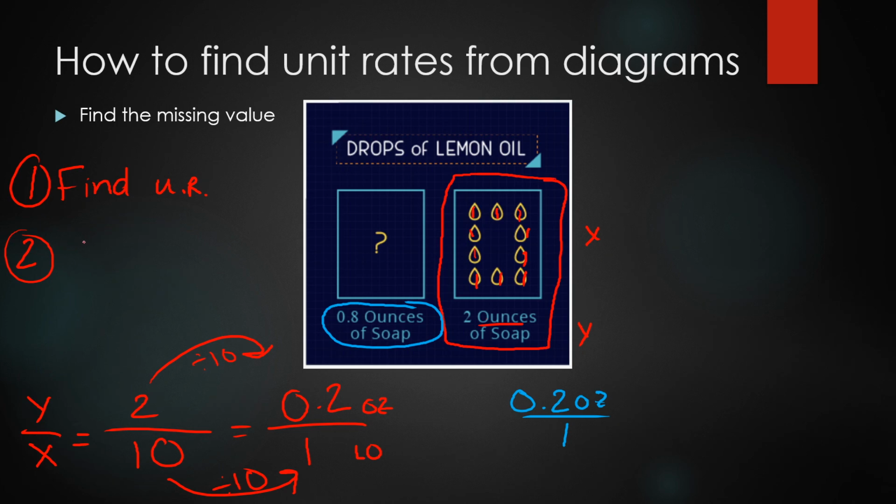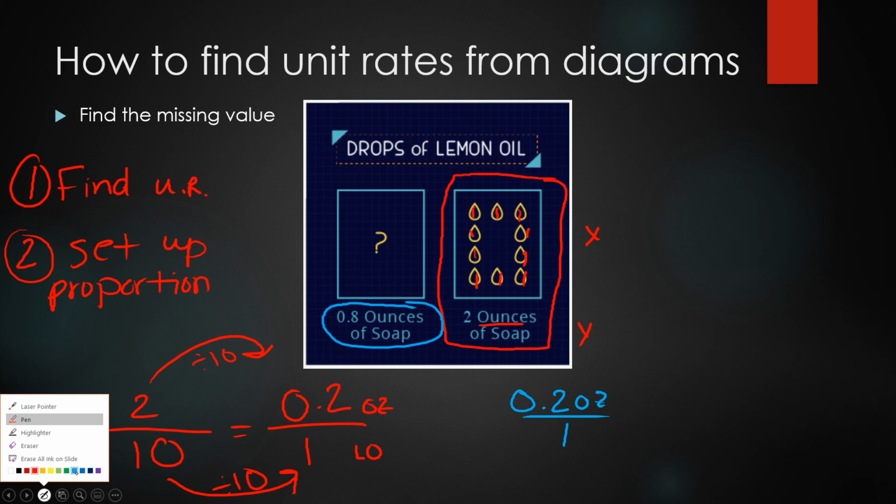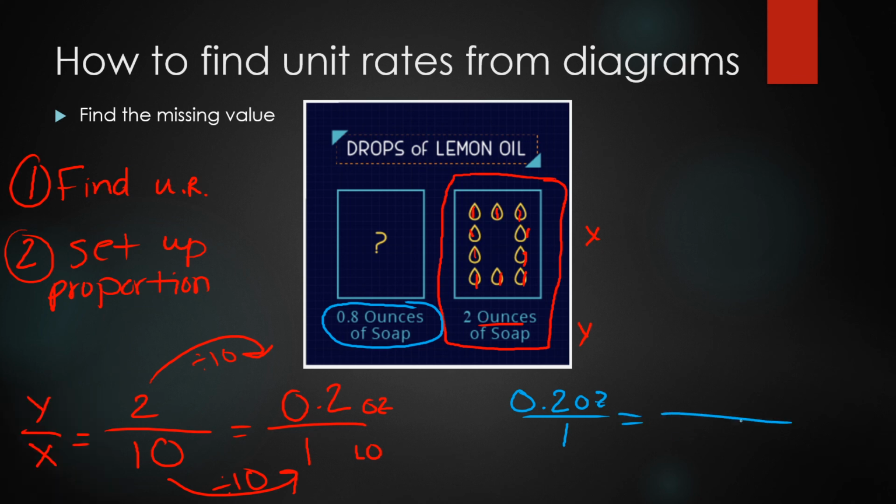Let's set up a proportion. And a proportion is simply two fractions that are set equal to each other. So I need to know 0.8 ounces of soap. In my head, I need to think, if I'm at 0.2, what can I multiply 0.2 by to get 0.8?